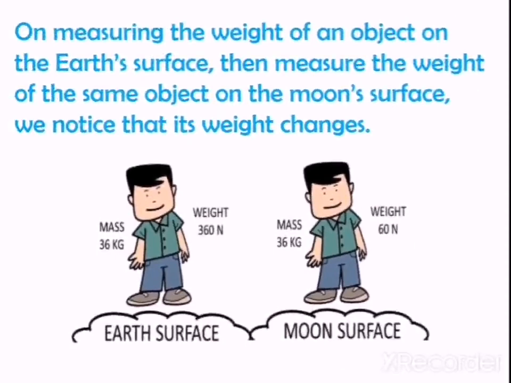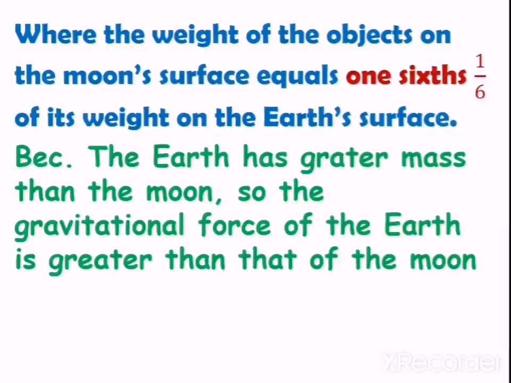Why does the weight change from one planet to another? Because the earth has greater mass than the moon.